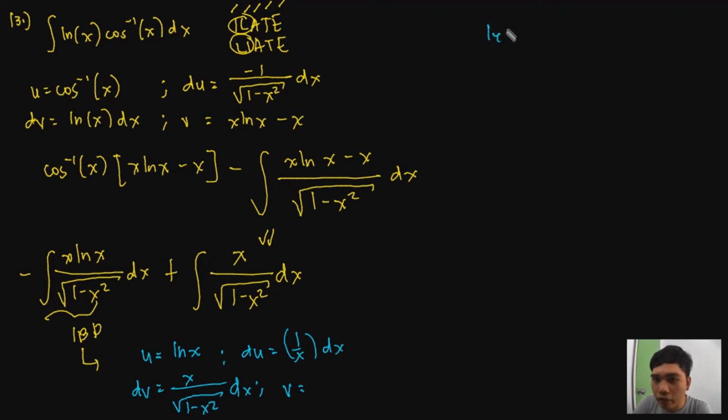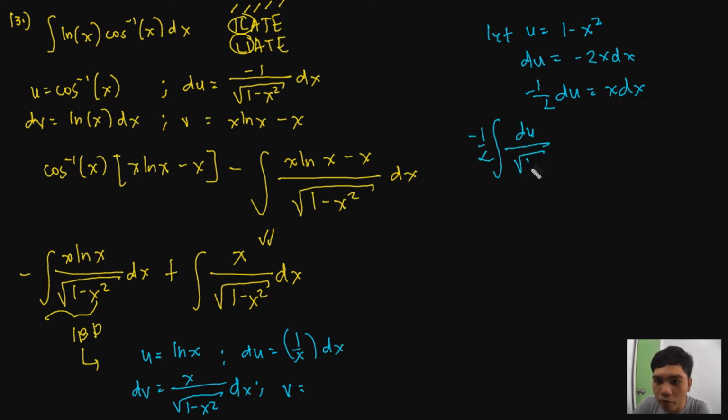Now, if I let u equal to 1 minus x squared, okay, I can determine the value of du that is a negative 2x dx, and therefore if I just need x over dx, that is negative 1/2 du is equal to x dx. So this can be written in the form of the integral of negative 1/2 the integral of du over the square root of u, and in this case, diba, that is equal to negative 1/2 the integral of u raised to negative 1/2 du.